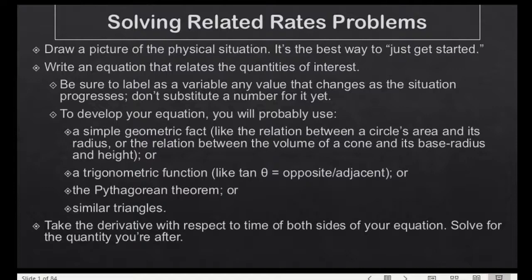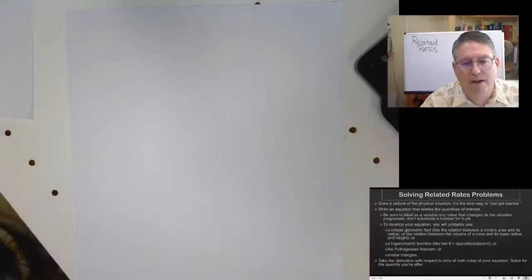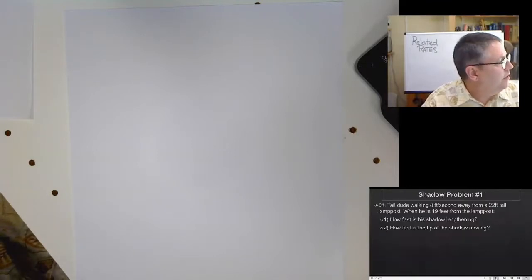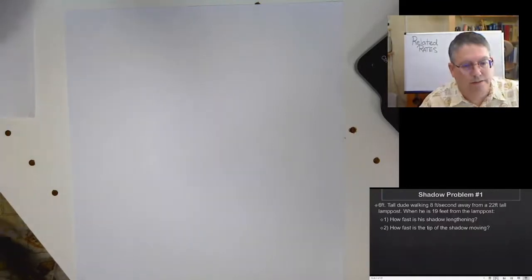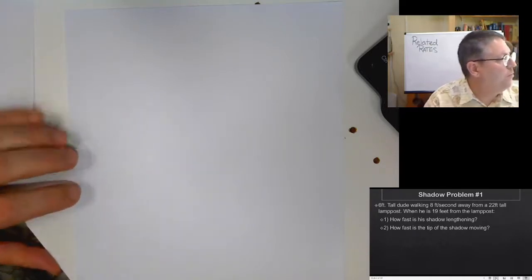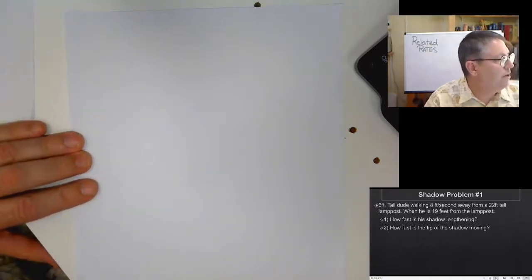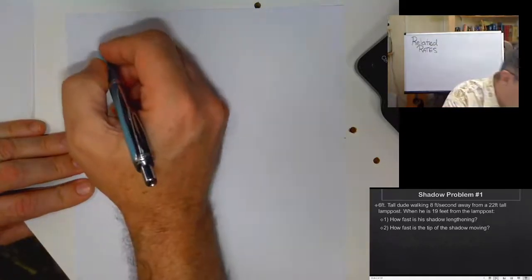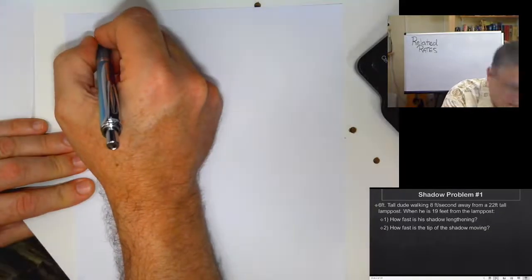So let me get my document camera back on there, and we're going to do this situation here. We have a 6-foot tall dude walking 8 feet per second away from a 22-foot tall lamppost. Okay, so we're going to start out by sketching it.